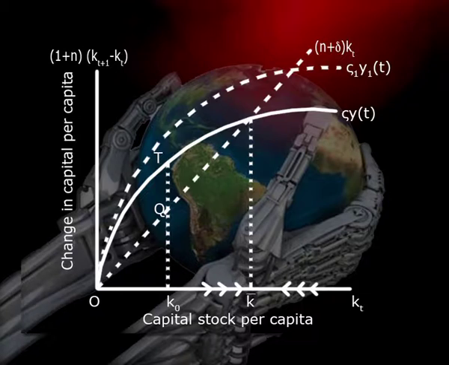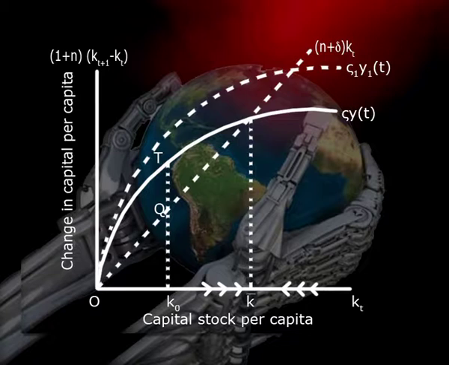The curve represented by σy_t shows the amount of savings rate per capita income. Savings rate is also the investment rate by macroeconomic identity S is equal to I. So, the curve σy_t represents the investment per worker.